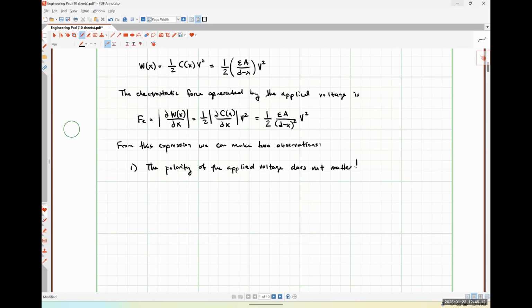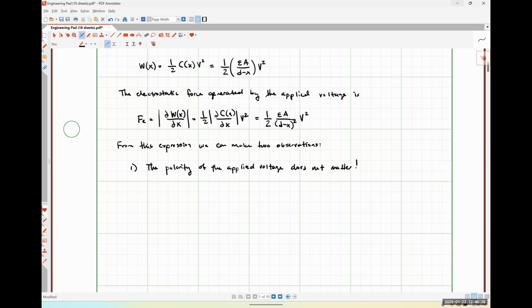So the force that we generate is dependent on the voltage squared. So it doesn't matter if we put a positive polarity voltage on it or a negative polarity voltage on it.